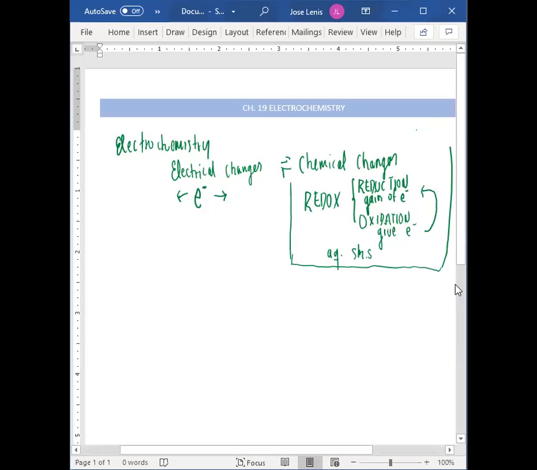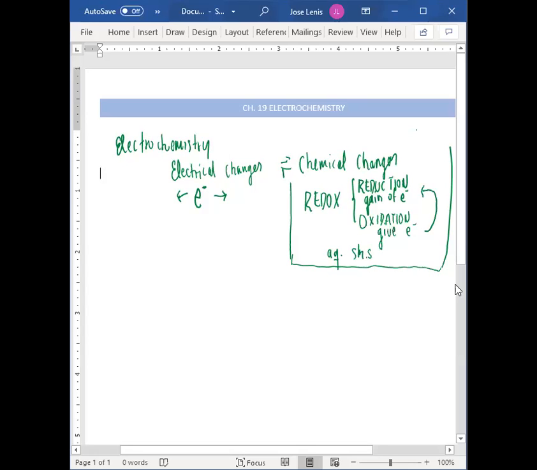Therefore, we are going to see exchange of electrons between these two substances. The substance that is being oxidized, giving electrons, and the substance that is going to be reduced, the one that gains electrons.